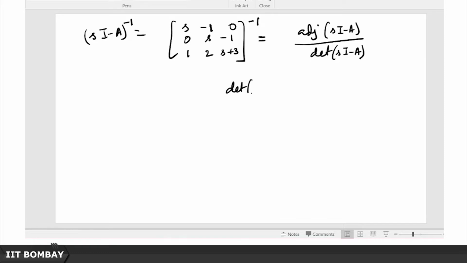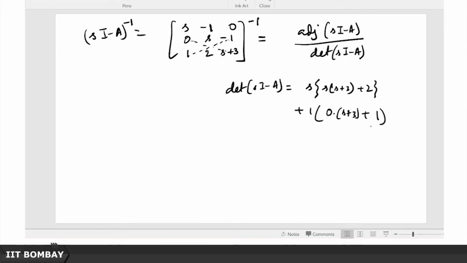So the determinant of sI minus A is given by s times s into s plus 3 plus 2, just check the calculations, plus, so this is minus 1, so minus of minus 1, because this is the 1-2 entry, so 1 plus 2 is 3, so this sign reverses, so it is plus 1 times 0 into s plus 3, plus 1, so this times this minus this times this, so this is plus 1.